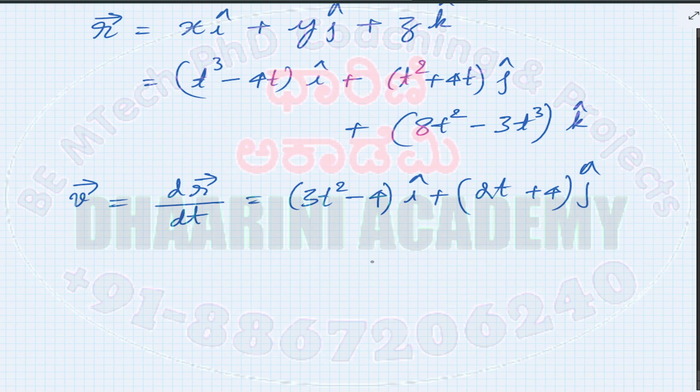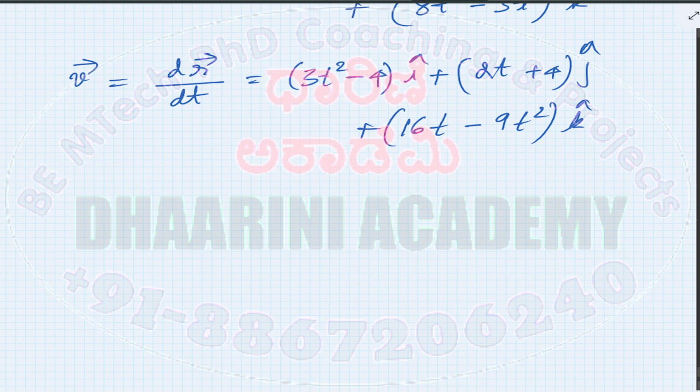Then we have the last term, that is plus 8 into 2 is 16 times t minus 3 into 3, 9 times t square into k cap. Okay, so we got the velocity now.